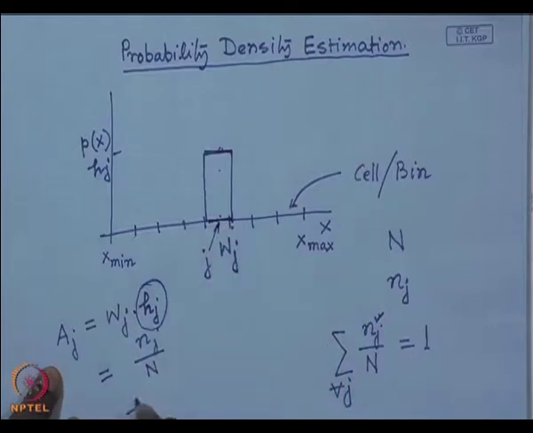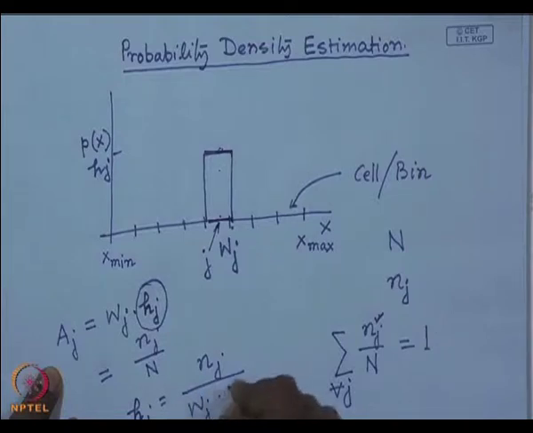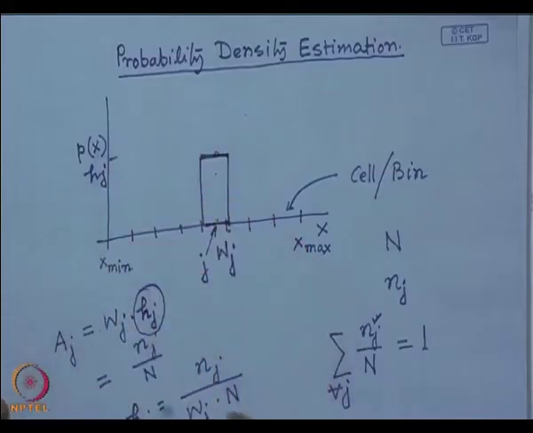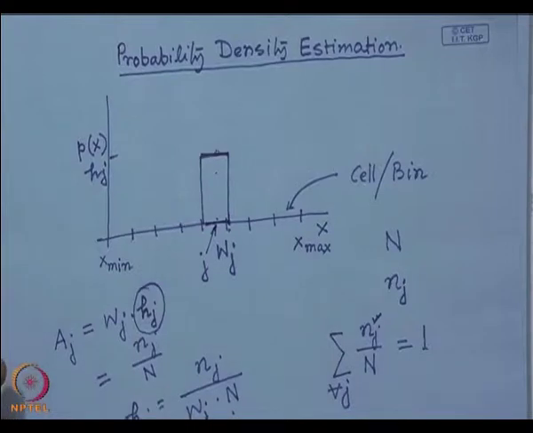So, I get the value of h j, which is nothing but n j upon w j times capital N, where w j is the width of the jth bin, capital N is the total number of samples that I have, and n j is the number of samples, out of this total, which fall under this jth bin. Okay. So, this is how we can estimate the probability density function.